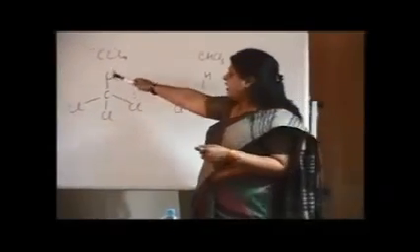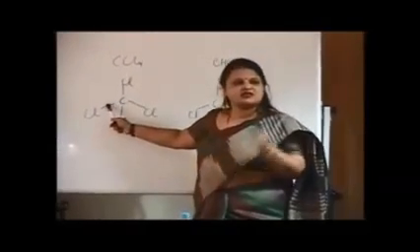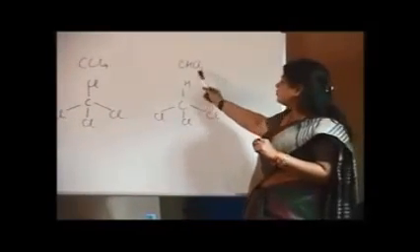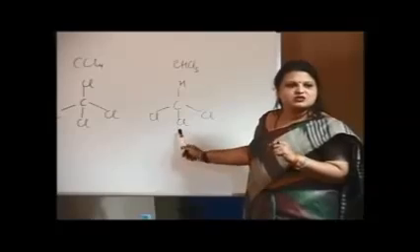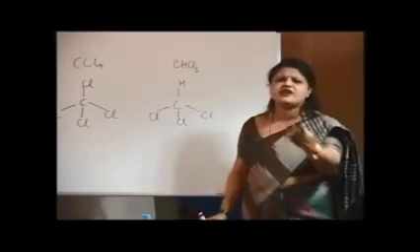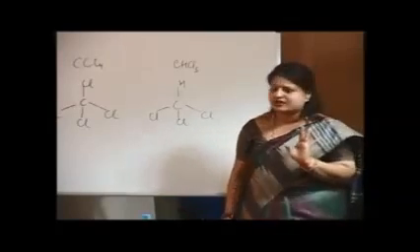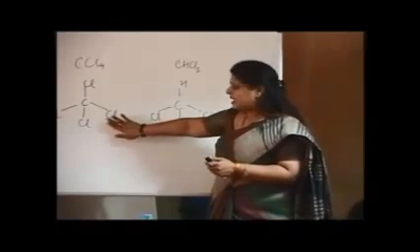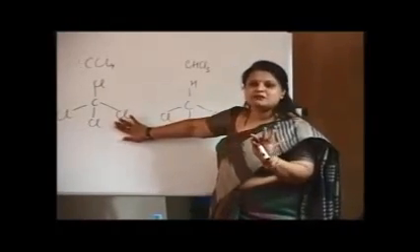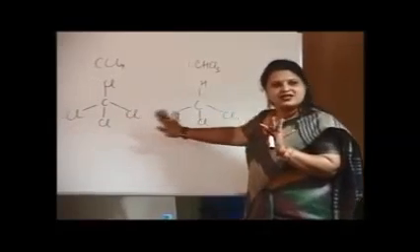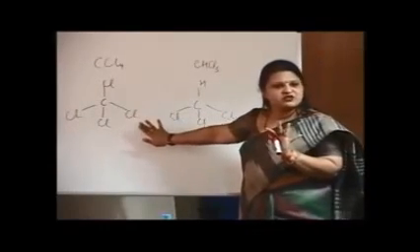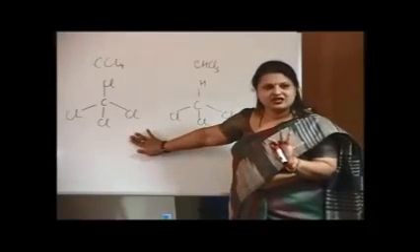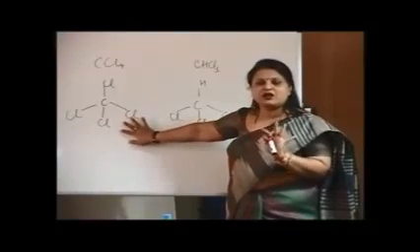In one case, all the 4 atoms bonded to the central atom are exactly the same. In the other case, there are 3 atoms of one category and one different atom. There may be two or three varieties of atoms attached to the central atom. To a normal person, it appears that in both the cases it is a tetrahedral geometry, the bond angle should be 109.5 degrees, and the bond lengths should also be equal.